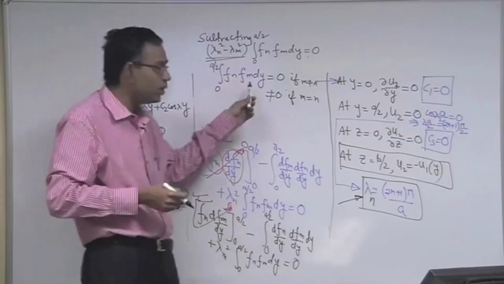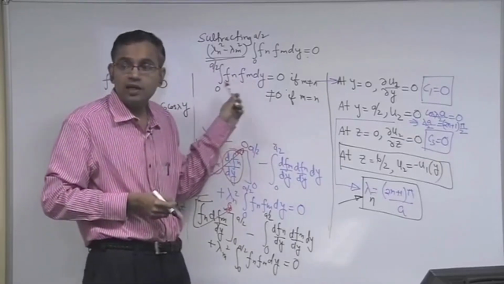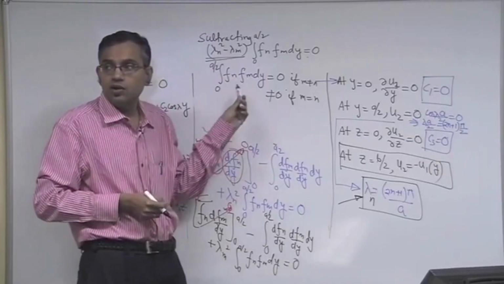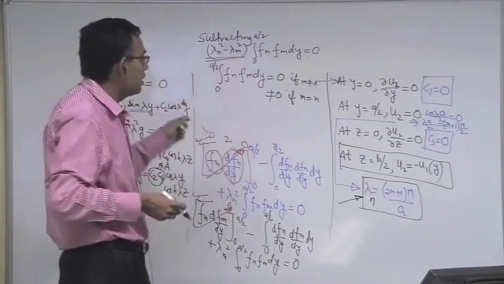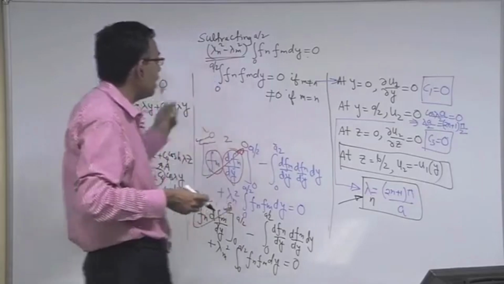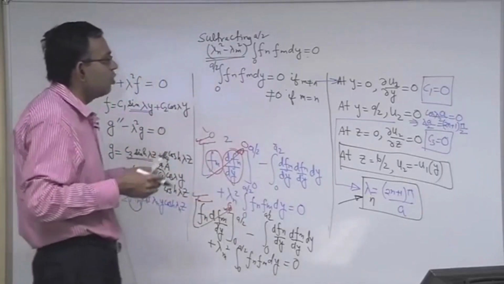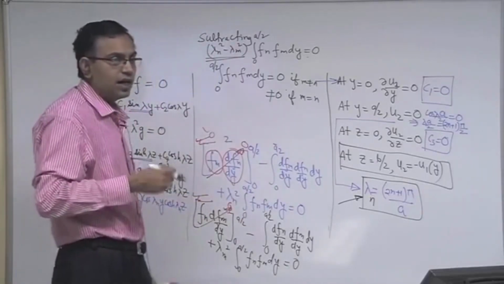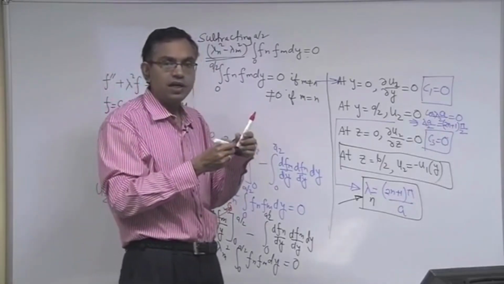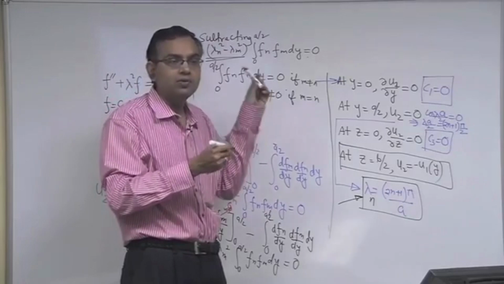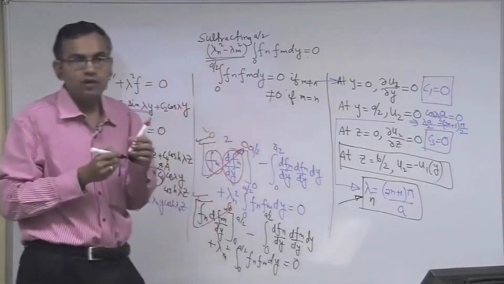Now, here we are talking about orthogonality of functions. If you have two vectors which are orthogonal to each other, forget about functions, just take an example of a vector.